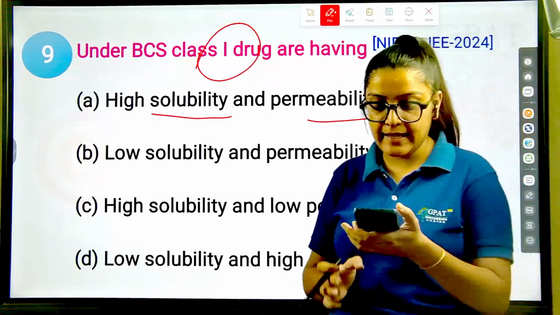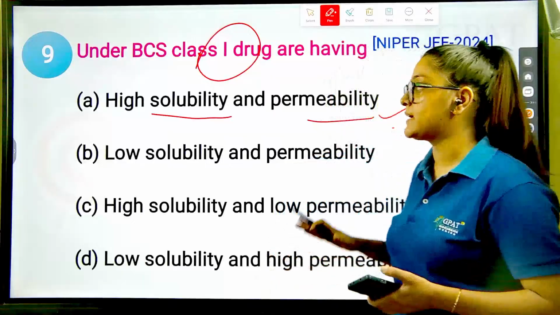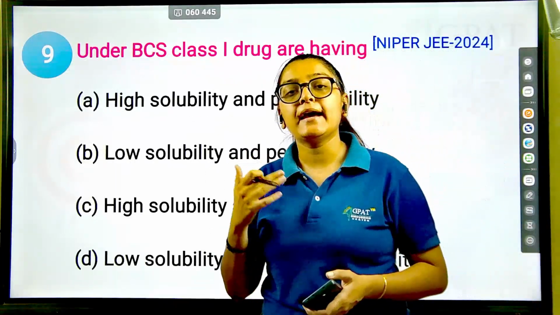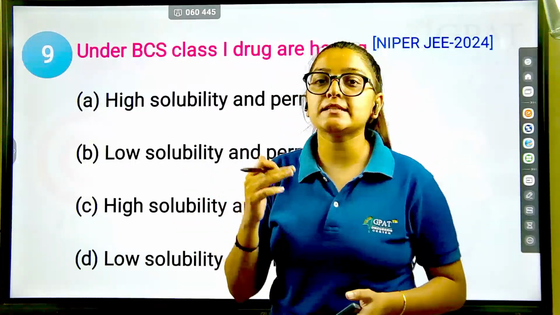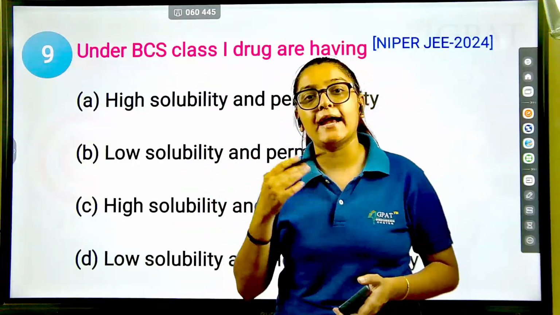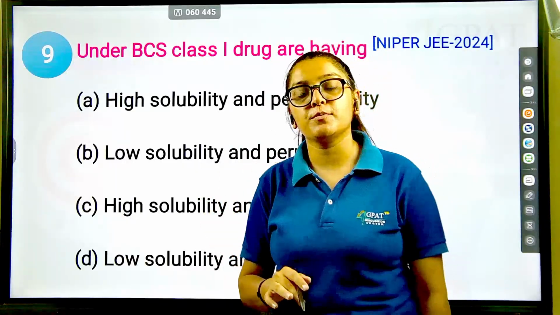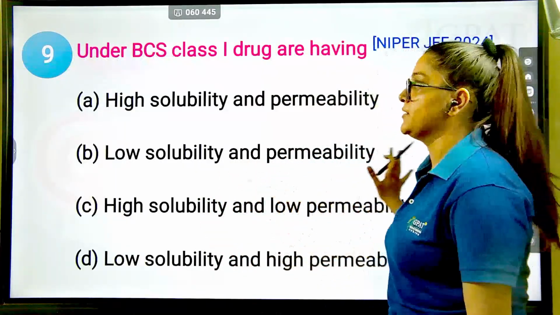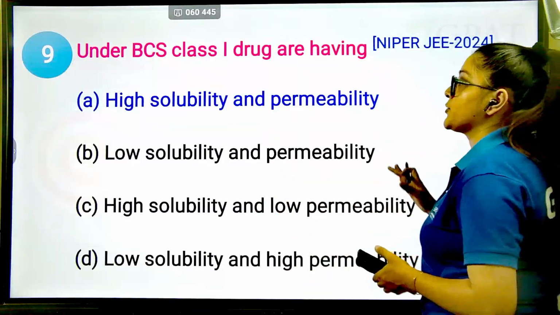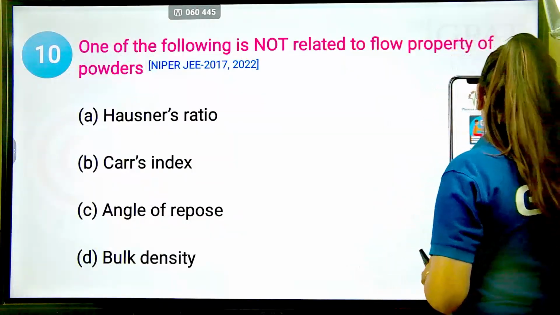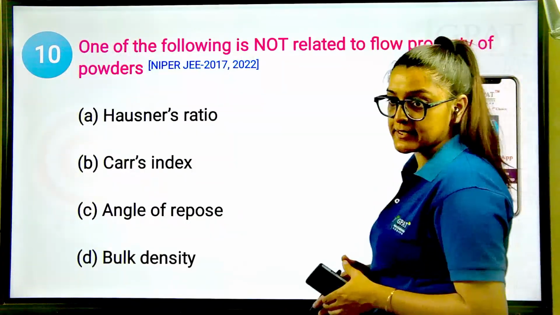High solubility and high permeability. Class 2 drugs have low solubility and high permeability. Class 3 drugs have high solubility and low permeability, while class 4 drugs have poor solubility and poor permeability. Okay? Correct.